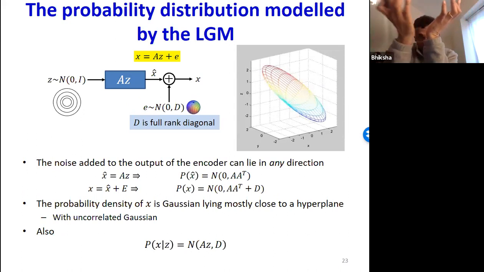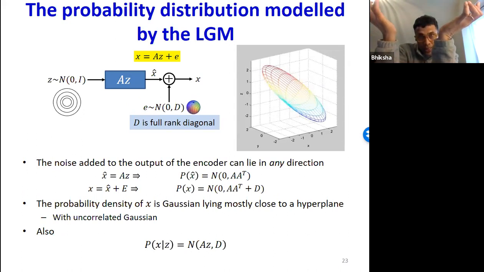The kind of distribution that this model is capturing is still a Gaussian, still very close to some thin subspace. The only distinction is in the assumption you make about the noise that is added to the main component of the signal of the data that lies on the principal subspace itself.